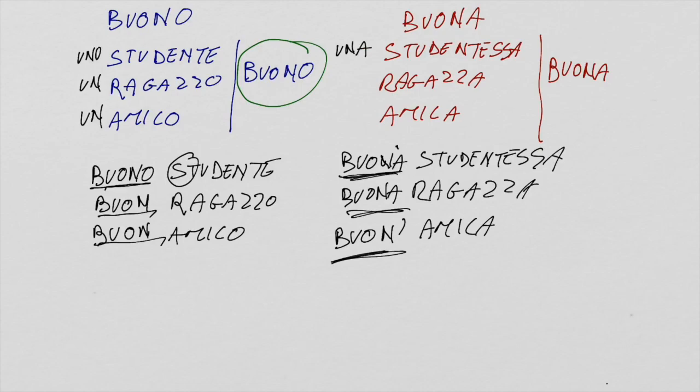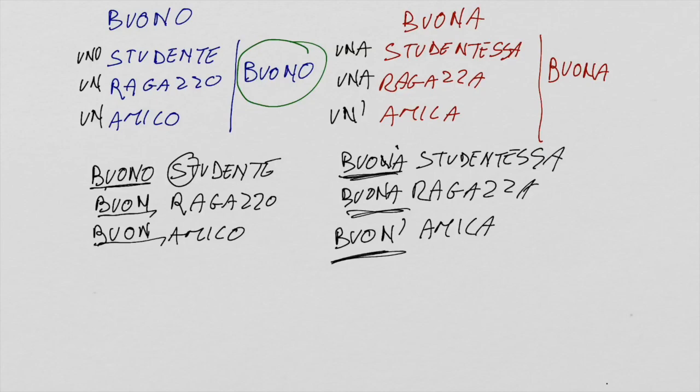So you have buona where you have una, and you have buon with the apostrophe where you have un with the apostrophe. So it follows exactly the same pattern of the indefinite article.